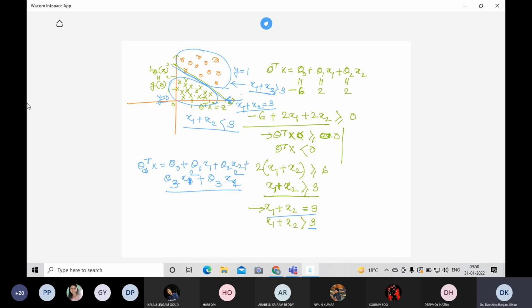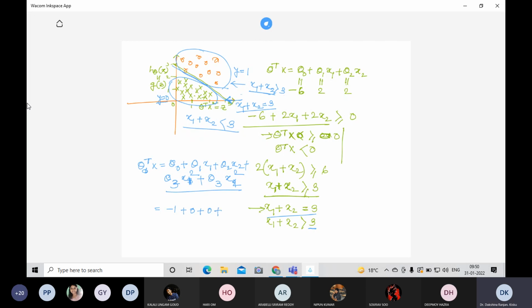Okay, so initially we can assume that theta 0 is -1, theta 1 is 0, so therefore this term becomes 0. Theta 2 is 0, so this also becomes 0.